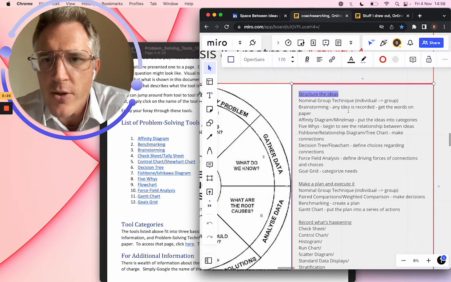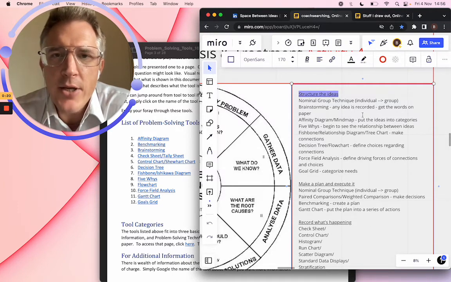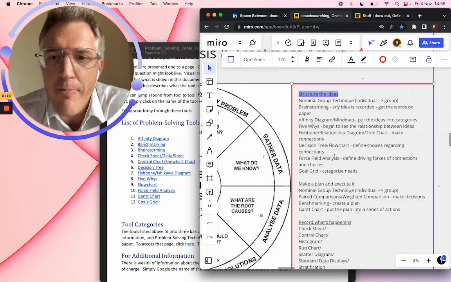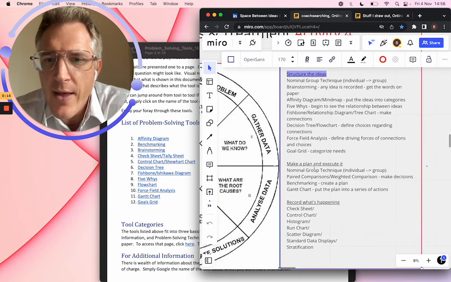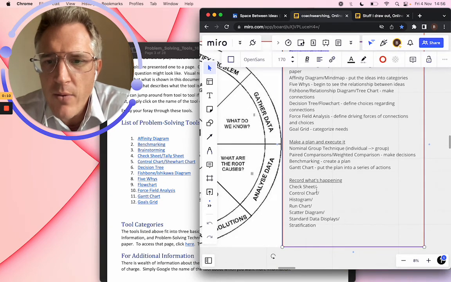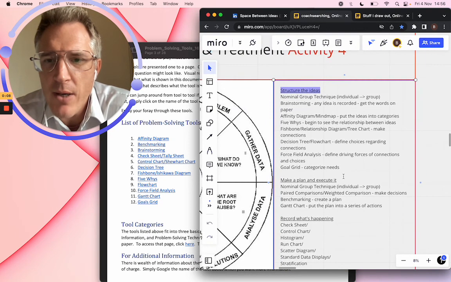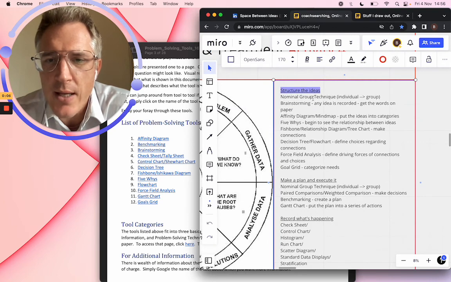How do we structure the problem? So this is about understanding the problem. And generally, when you have a problem, the big thing is, how do you understand the problem and how do you map the problem? Then next, we make a plan and execute it. And then we record what's happening. So maybe you need that to understand the structure of the problem, and maybe you need it to understand the plan.